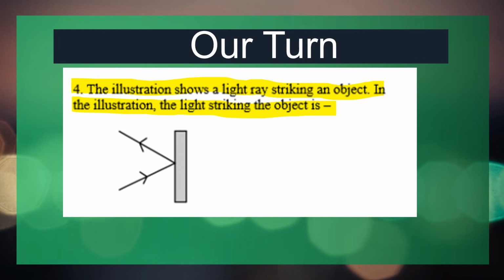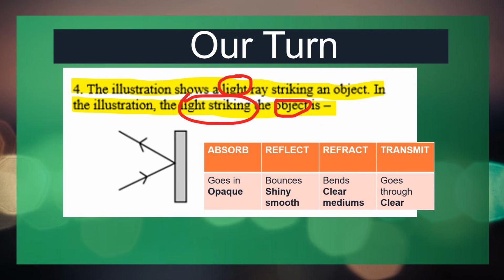I can see the word light, it's an important word, like striking the object. Object. What kind of object is this? Now, after I circle, I also start my ART chart. I need to decide what kind of object this is.